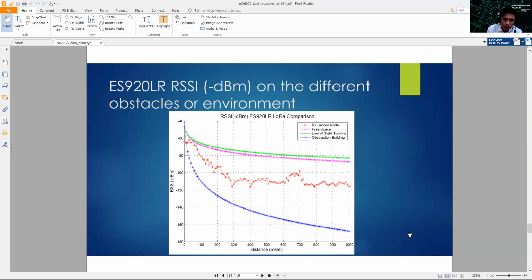The free space is around minus 83 or 85 dBm. So the obstruction building gives very bad signal, the free space is better, and line of sight is around the same, around minus 83 or 85 dBm.